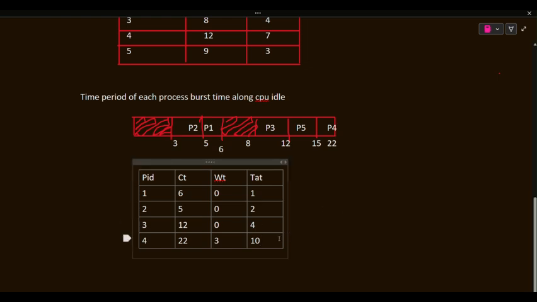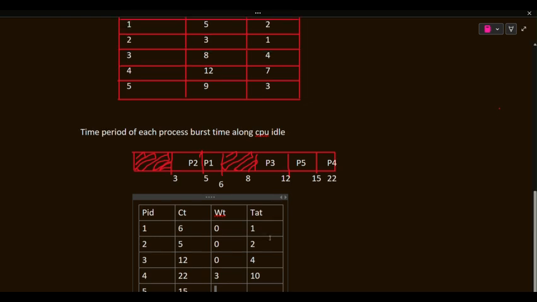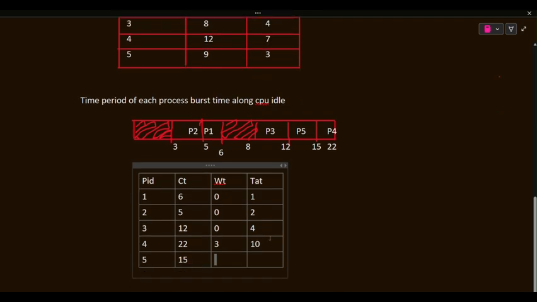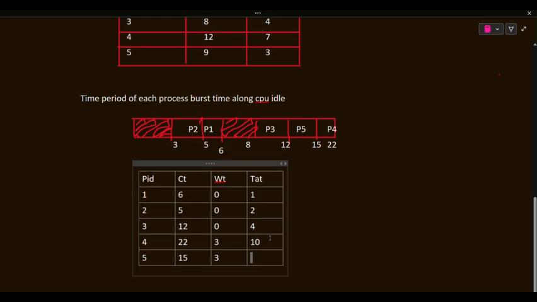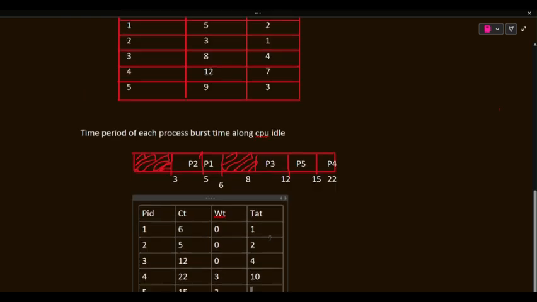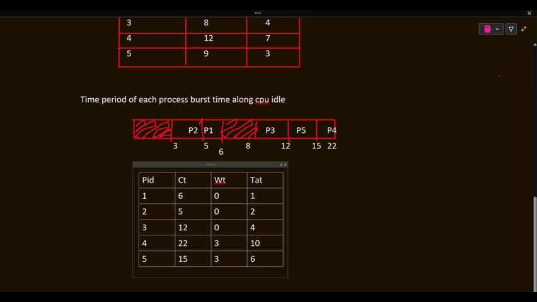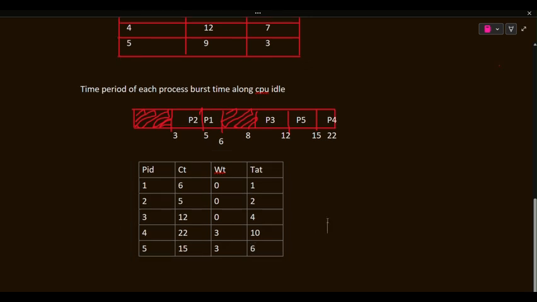And the final one is process number 5. It completed at time t equal to 15 and it arrived at time equal to 9 and it waited till time equal to 12. It means its waiting time is 3 and the turnaround time is waiting time plus burst time, which is 6. So in this way, we're going to solve this problem.